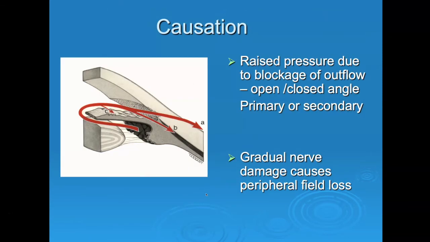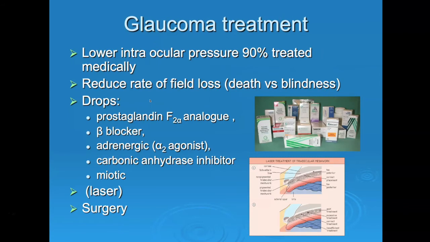Most causes of glaucoma are caused by blockage of outflow of fluid in the trabecular meshwork between the iris and the cornea. You should look at this in more detail by looking at the glaucoma masterclass on YouTube.